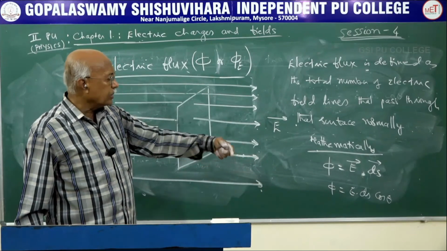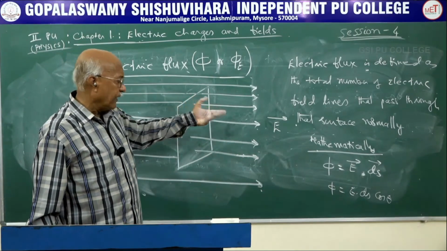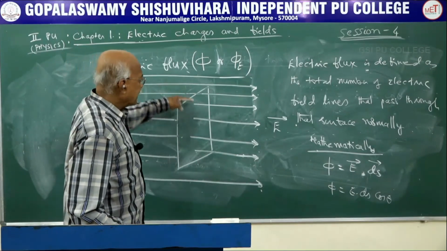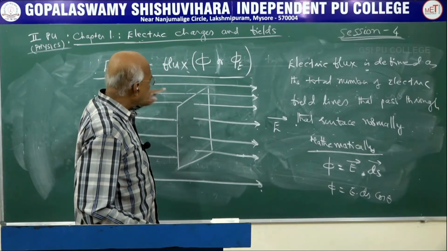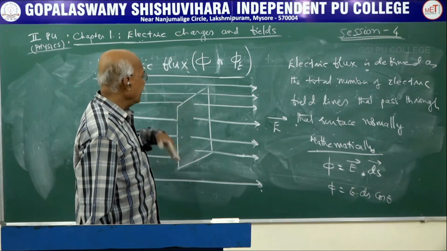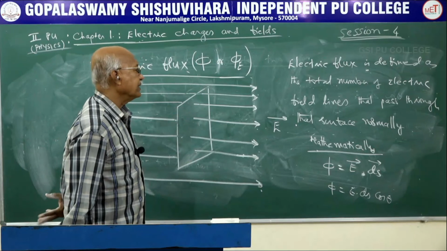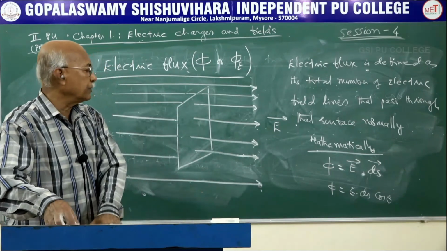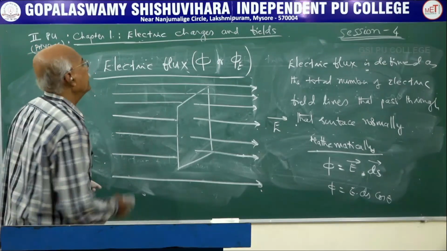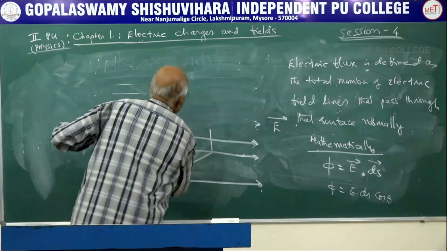Whenever theta is equal to 90 degrees, there will not be any flux. If the electric field is perpendicular to this area, then the flux will be more. If the electric field is parallel to this area, then the flux is equal to 0. This is the expression, and now we will write the SI unit of electric flux.